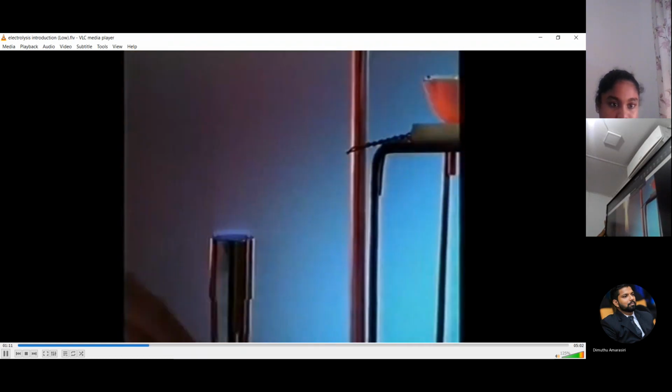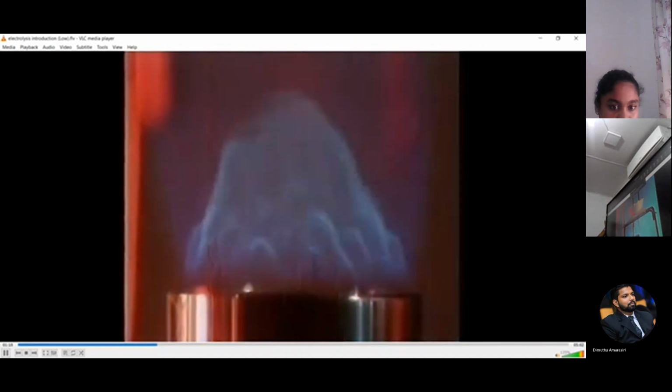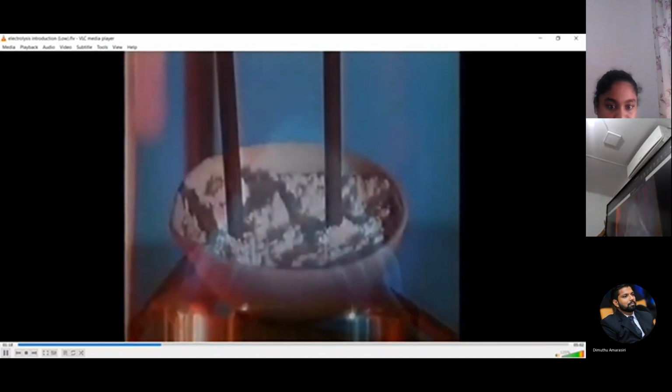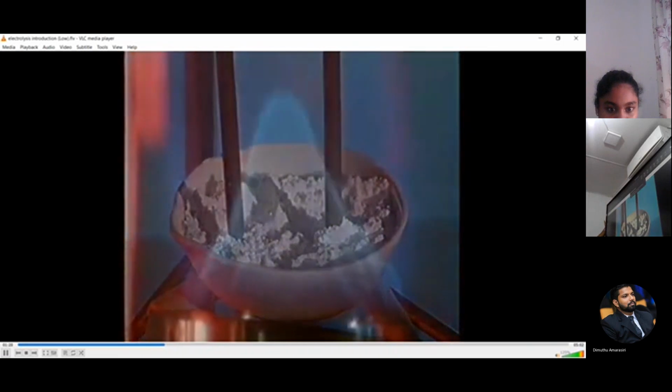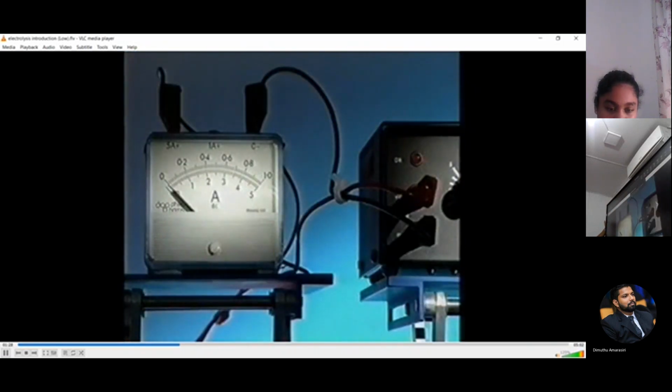Solid lead bromide doesn't conduct electricity. It needs to be molten. Lead bromide melts at 370 degrees Celsius. Switch on now and a current flows.